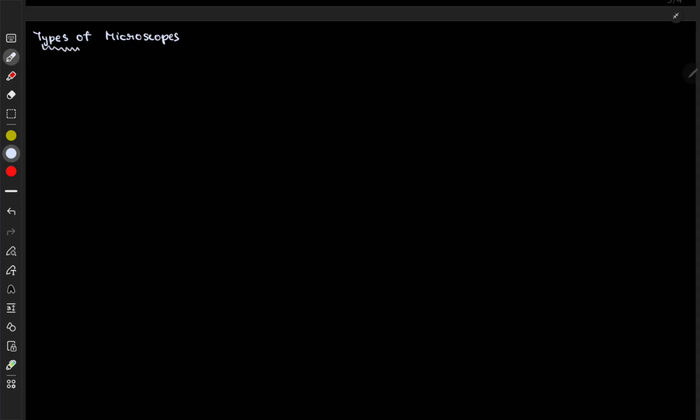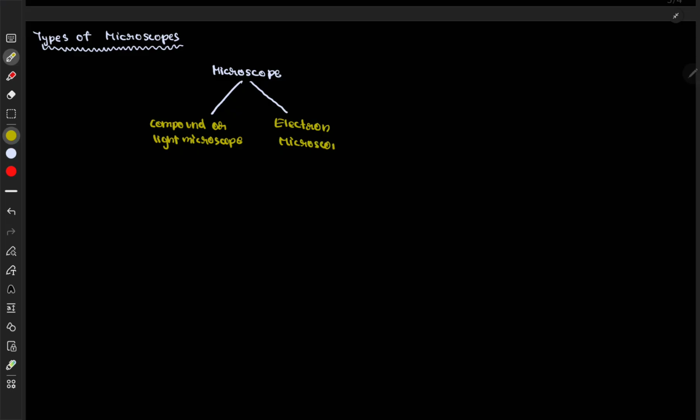There are mainly two types of microscopes: the compound or light microscope, and the electron microscope. These are the two types of microscopes.